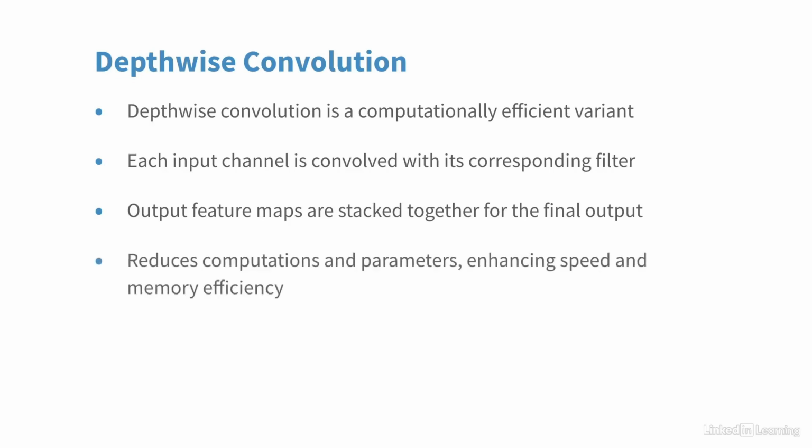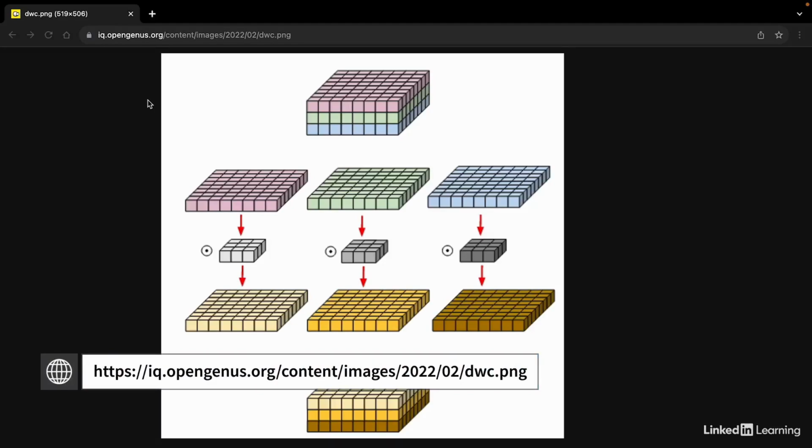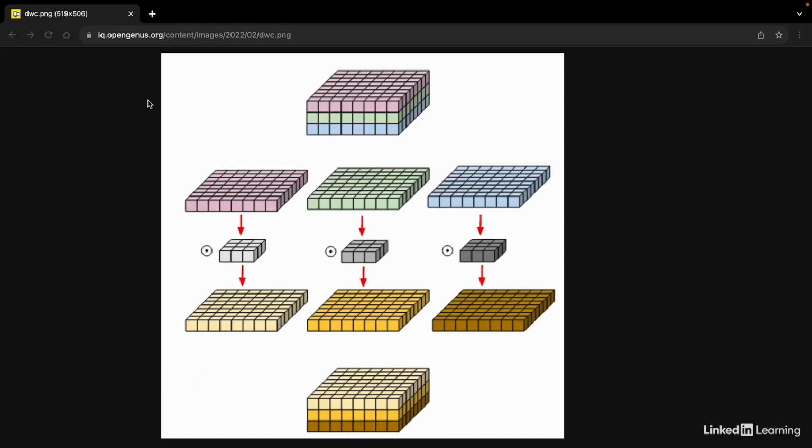This approach reduces the number of computations and parameters, making it faster and more memory efficient than standard convolutions, while still effectively capturing spatial information. As you recall, in the regular convolutions, we use a single filter to extract information from all channels of an input simultaneously. However, the depthwise convolution is operating on each channel independently, as you can see here.